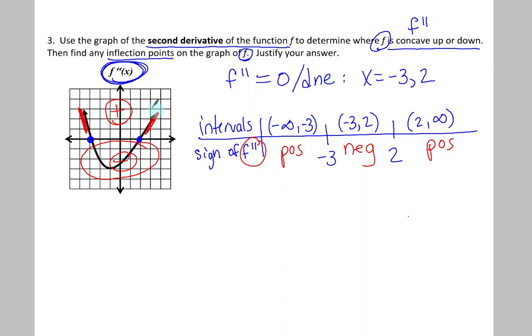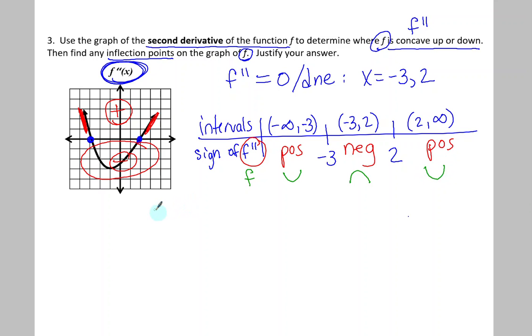Now, let's not look at that graph anymore because it might be misleading. Let's take our information now from our number line. We can conclude that because f double prime is positive on the first interval, f is concave up on that interval. Middle interval, f will be concave down, and then the last interval, f is concave up.